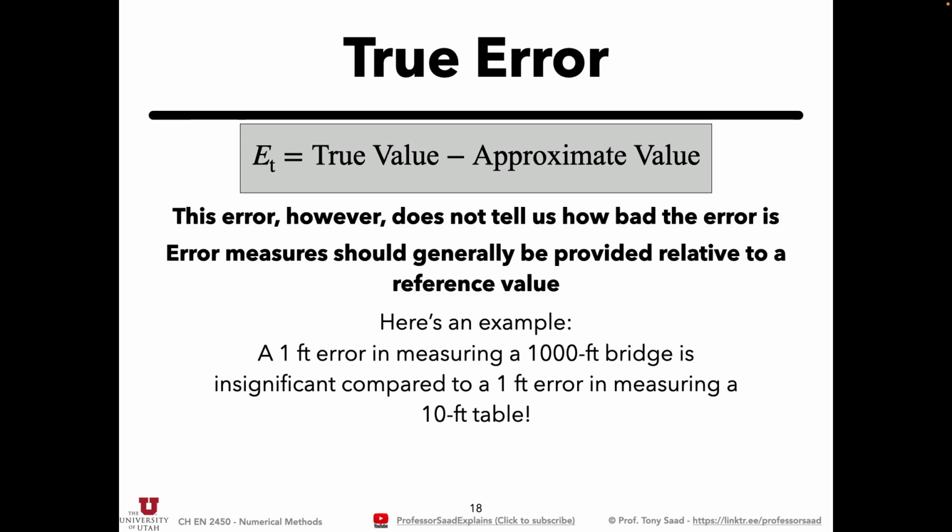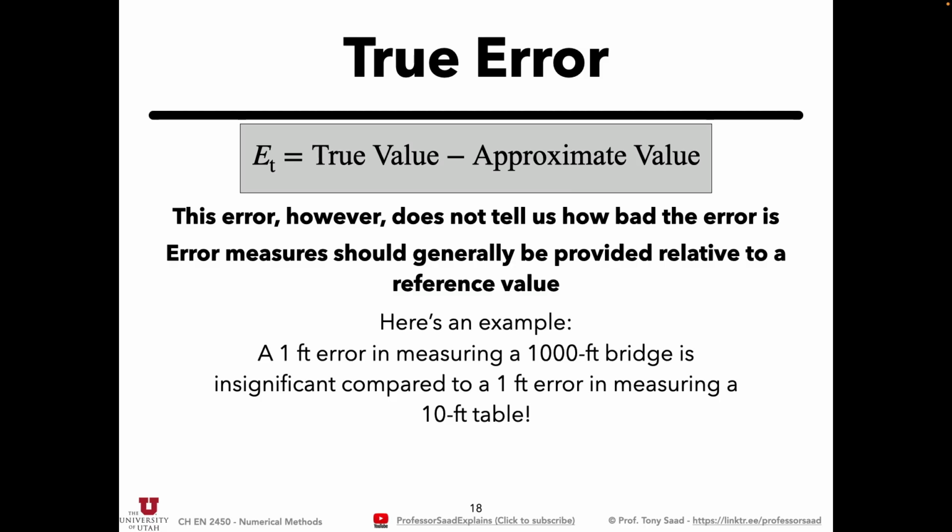It's insignificant. But it's the same value. It's still 1 foot and 1 foot. Same value of the absolute error. But relative to what you're measuring, this one is insignificant. It's a 1,000-foot bridge. 1 foot is not going to make a difference. But in measuring this table, if you commit a 30, 40 centimeter error, that's a big deal.